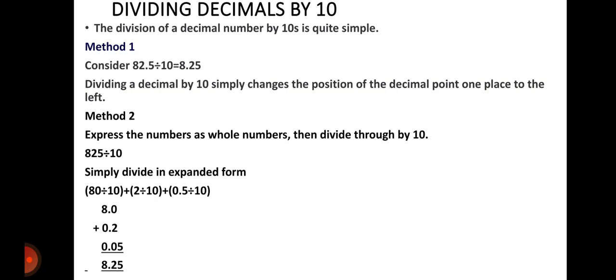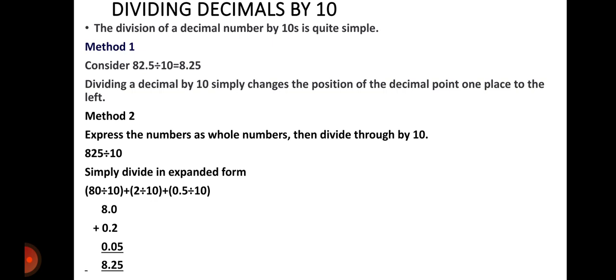In this case, the division of a decimal number by 10 is quite simple. When we divide a decimal by 10, it simply means the position of the decimal point has been shifted one place to the left. Why only one place to the left? Because 10 has only 1 zero. So the decimal point shifts depending on the number of zeros.